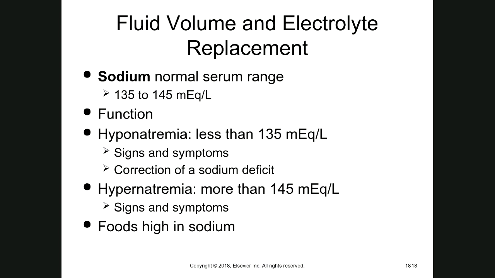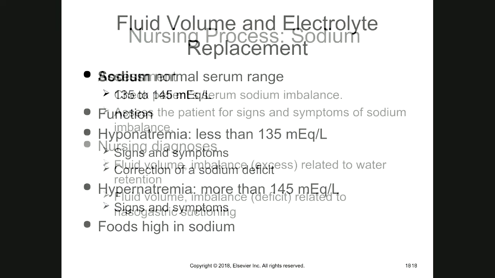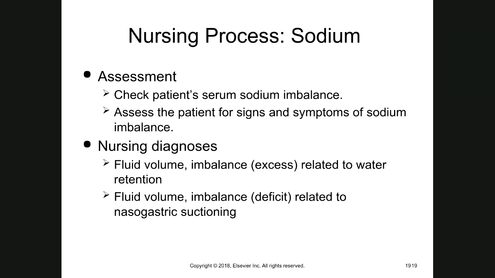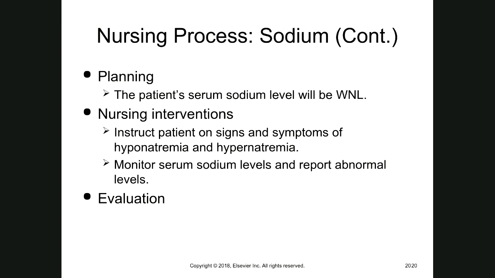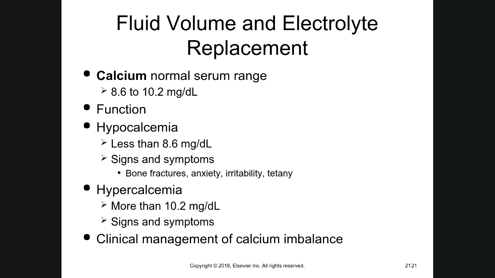Calcium, we're going to talk about next. And we're also looking at the nursing process every time we're doing this, because we always have to correlate the problem with a solution. So always think nursing plan. With the calcium, it's found in approximately equal proportions in the interstitial fluid and the extracellular fluid.